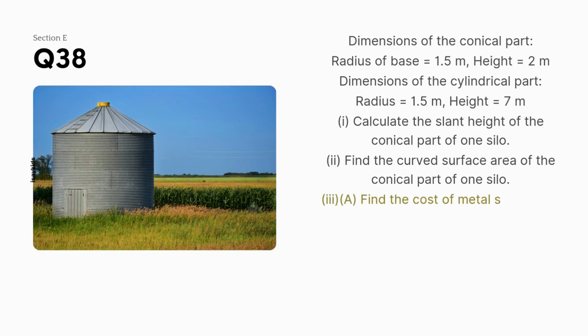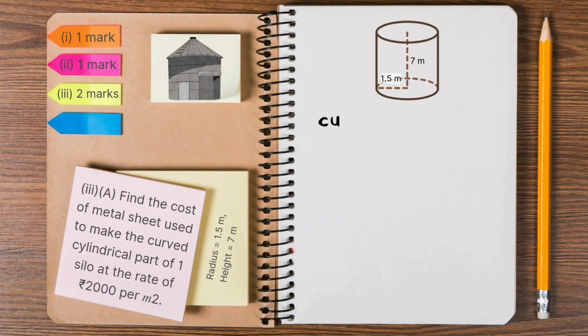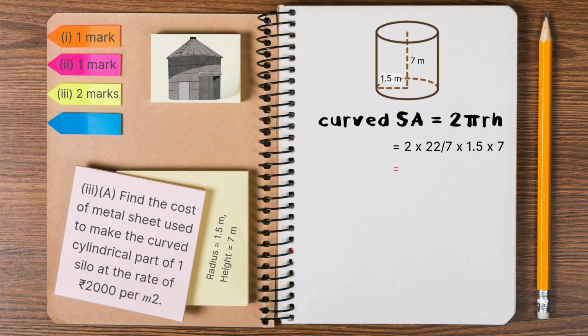Next is, find the cost of metal sheet used to make the curved cylindrical part of one silo at the rate of rupees 2000 per meter square. Now curved surface area of cylinder is given by 2 pi r h. Substituting the values, we get curved surface area as 66 meters square.